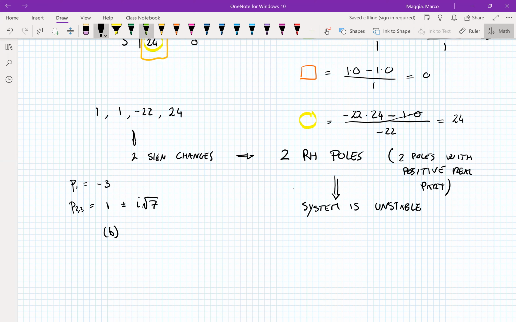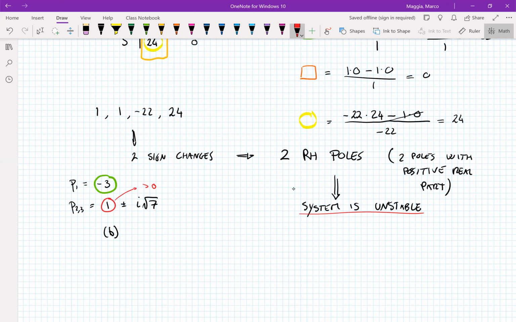You see that although P1 has a negative real part, both P2 and P3 have positive real parts. And so both P2 and P3 are on the right-hand side of the complex plane, as predicted here.